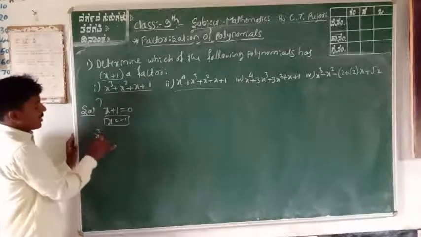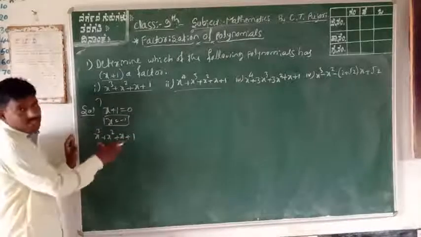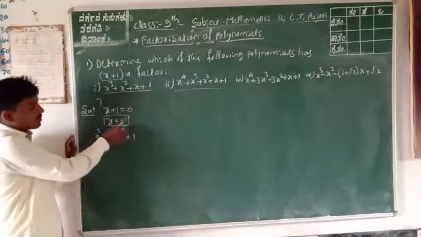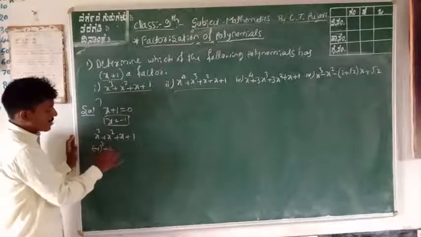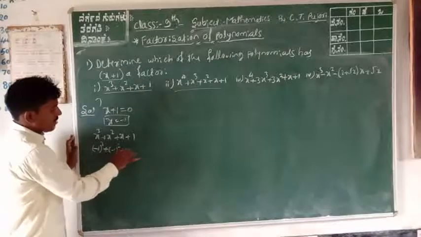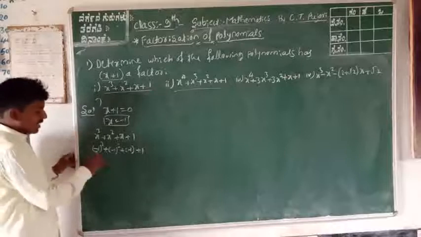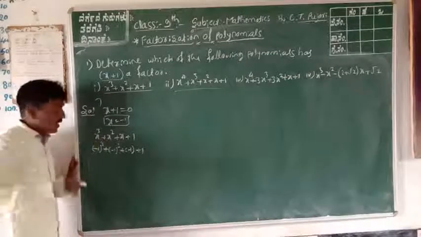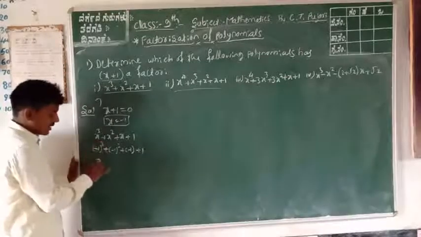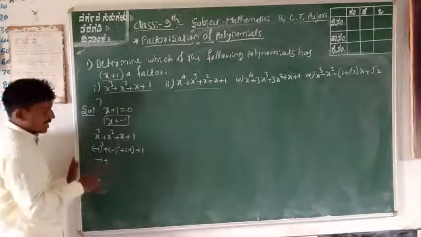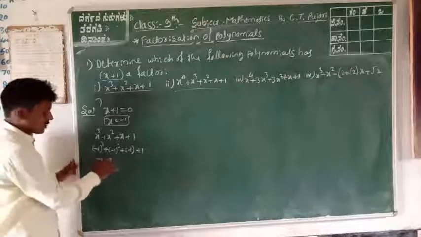The first polynomial is x raised to 3 plus x square plus x plus 1. Our x value is minus 1. Put minus 1: minus 1 raised to 3 plus minus 1 raised to 2 plus minus 1 plus 1. Minus 1 raised to any odd number is minus, and minus 1 raised to any even number is plus 1.